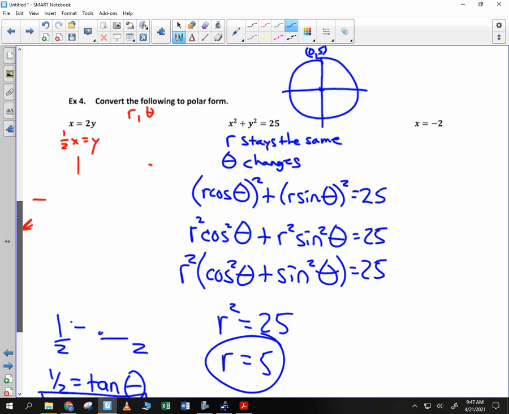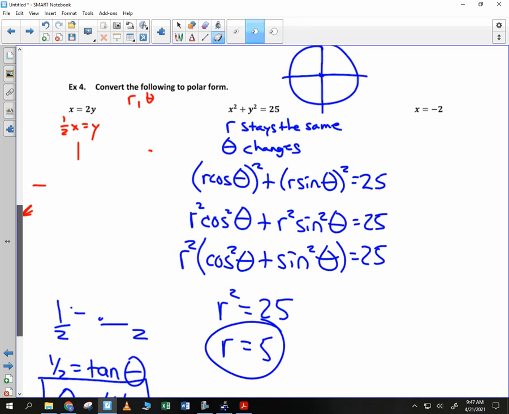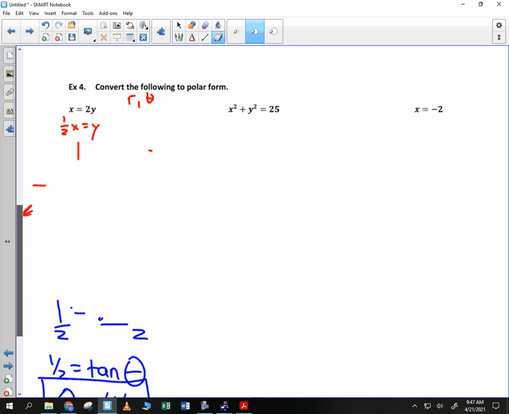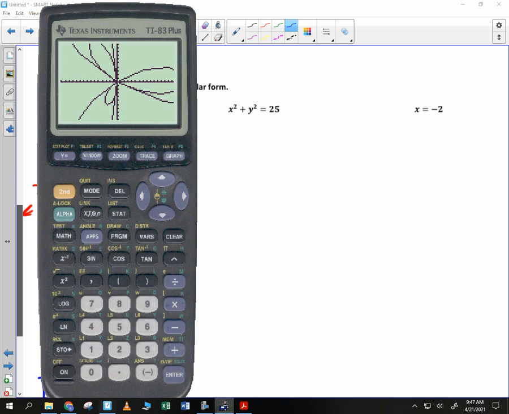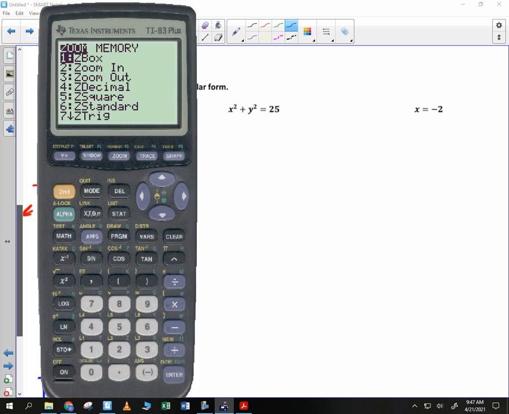All right, let's try the last one. Okay, I'm sorry. So your guys' graph, your window isn't working? So again, you zoom 6 standard. Is that not working? No, I don't work my calculator.